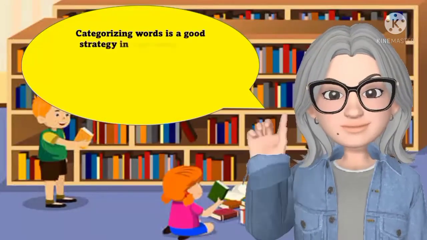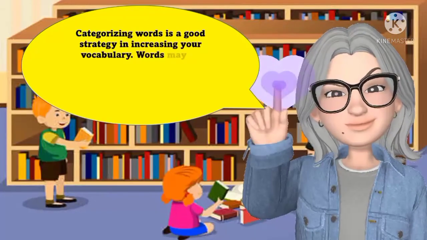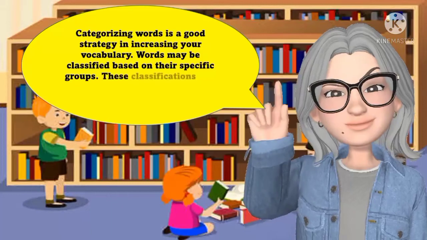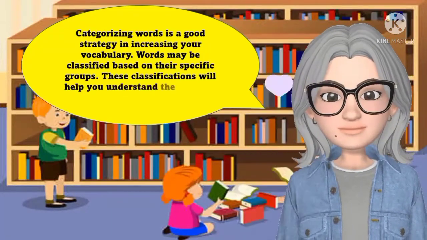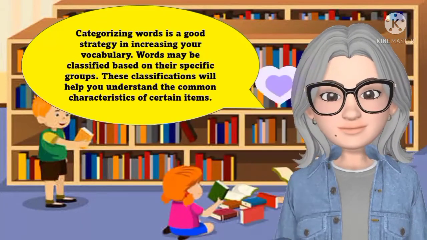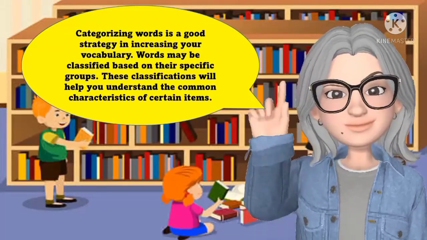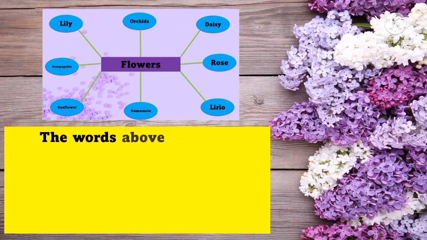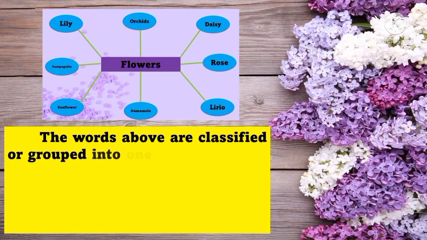Categorizing words is a good strategy in increasing your vocabulary. Words may be classified based on their specific groups. These classifications will help you understand the common characteristics of certain items. Cite for this example. The words above are classified or grouped into one.